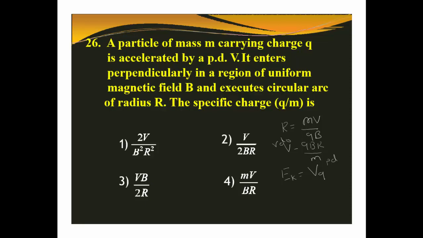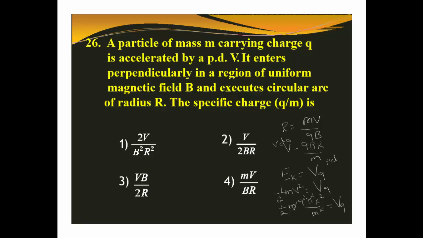Now EK equals VQ. Kinetic energy means half mv square, and it equals VQ. Now substitute half as it is, m as it is, v square means q square B square r square divided by m square. One m gets cancelled. This equals VQ as it is. Now q by m.